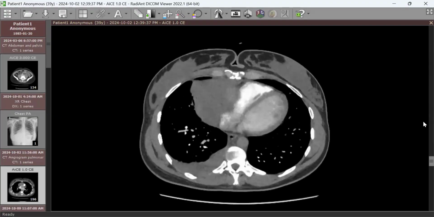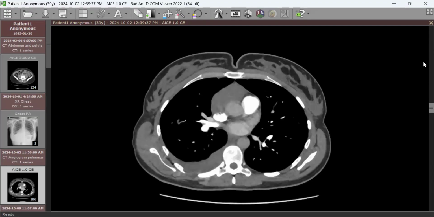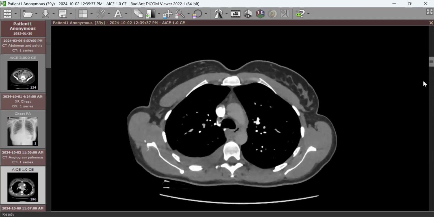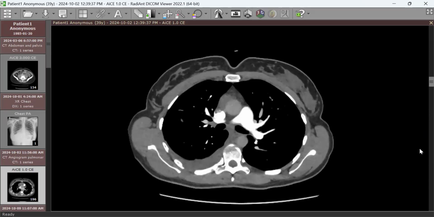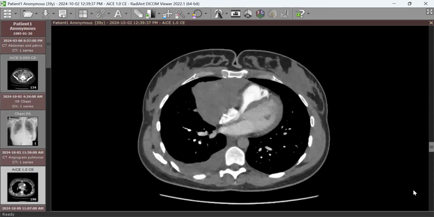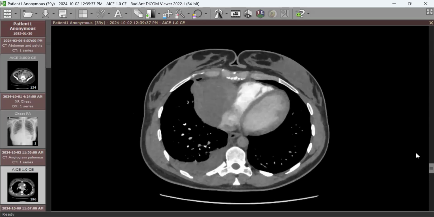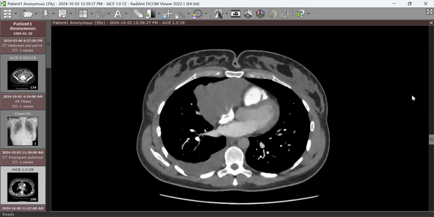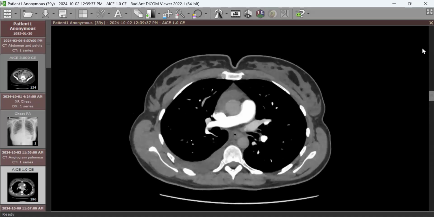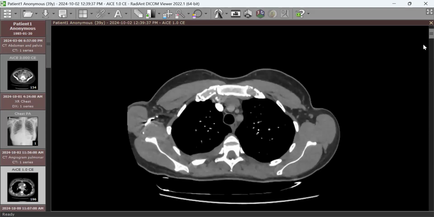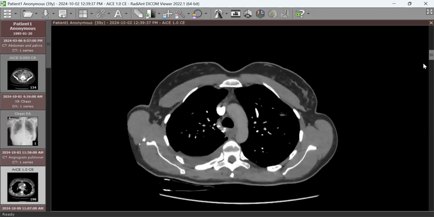There's no pulmonary embolus, right? Yes. Okay, that's good. Well, what are the positive findings here? There is right-sided pleural effusion. Good.